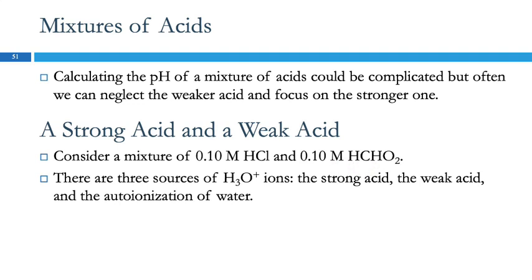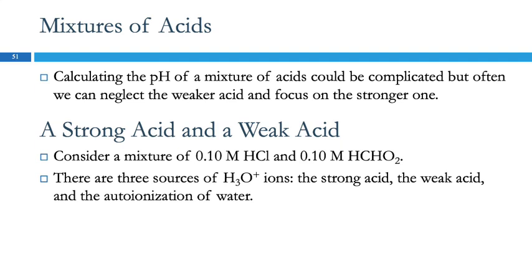There are three sources of hydrogen ions. There's the strong acid, the weak acid, and then the autoionization of water. When we were looking at weak acids, we said the autoionization of water is so small it almost never matters. Here, the strong acid versus the weak acid: what did we just see about percent ionization of weak acids?